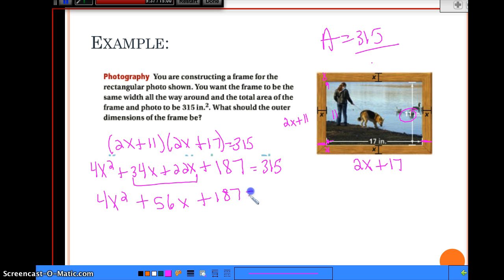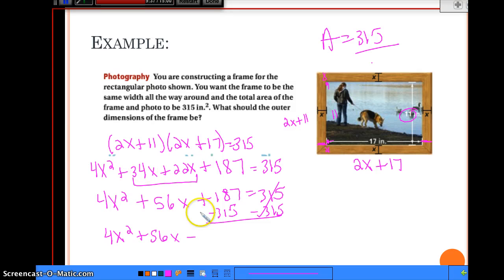plus 187 equals 315. This is a quadratic because of the squared, so we're going to have to set this equal to 0. That's going to give me 4x squared plus 56x minus, now we have to go, let's see, 187, and you're going to subtract 315.